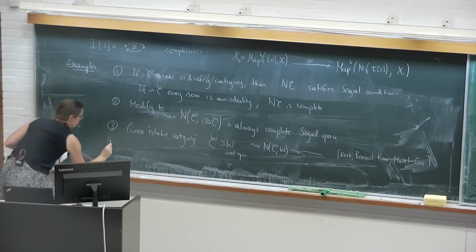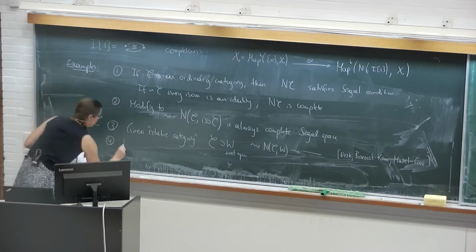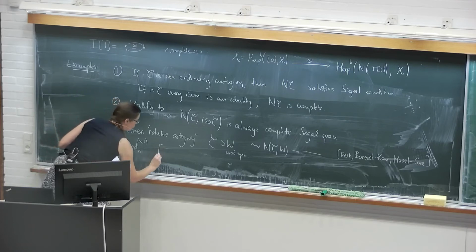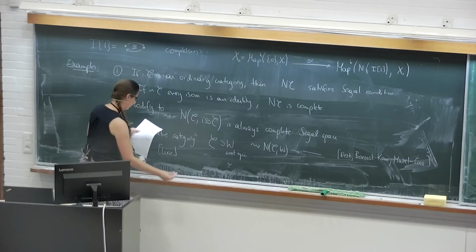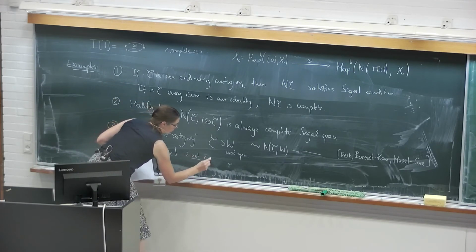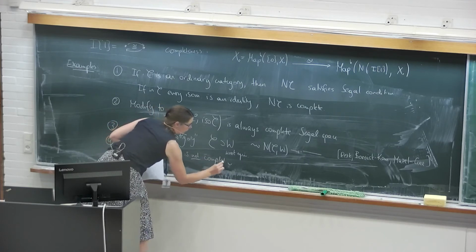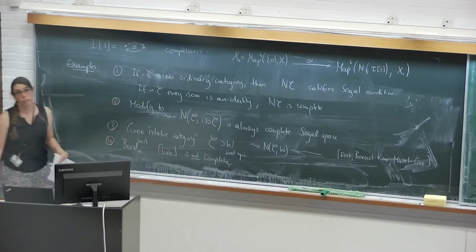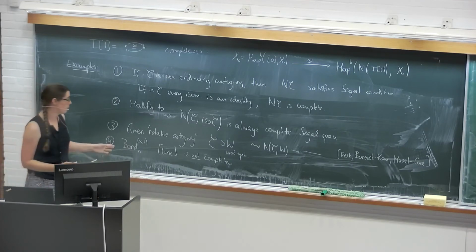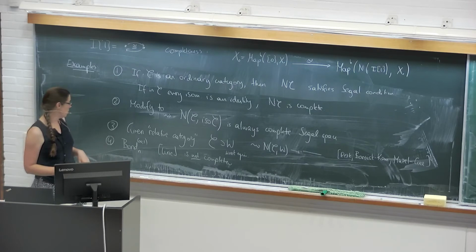Okay, and our fourth and most important example will be bordisms as an infinity 1 category. So this is due to Lurie in his nice, beautiful, long paper, but this is not complete. And there's nothing we can do about it. It just isn't in general. So for low dimensions it is, but for higher dimensions it's not. And yeah, there's nothing we can do about that.